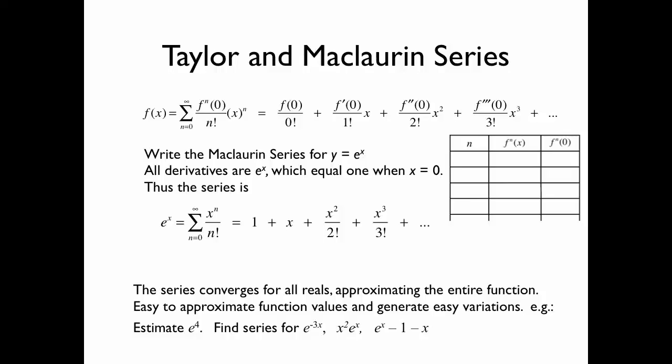So how would we estimate e to the 4th? Well, that's when x is 4. So if e to the x is this polynomial here, then what would e to the 4th be? Or an approximation of it. We could write out an approximation to e to the 4th as 1 plus 4, plus... it's still a function of x.